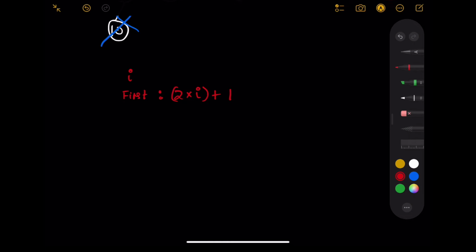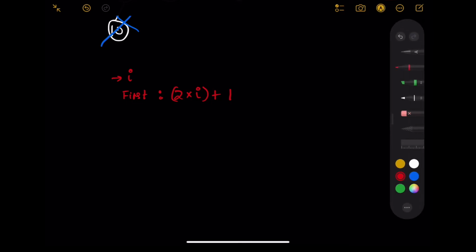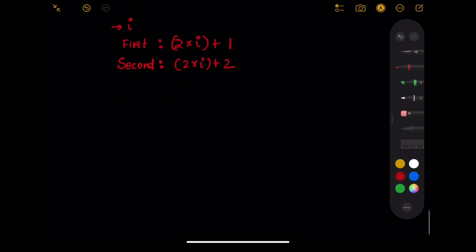So if the index of the parent is I, then its first child, or the left child, will be present at 2 into I plus 1 index, and the second child, or the right child, will be present at 2 into I plus 2 index in the array. And also root is always present at index 0.